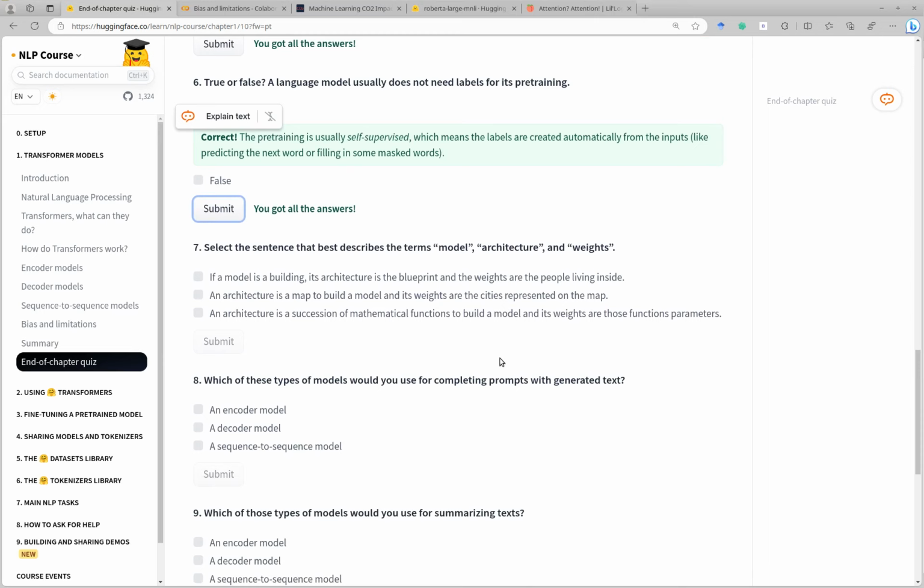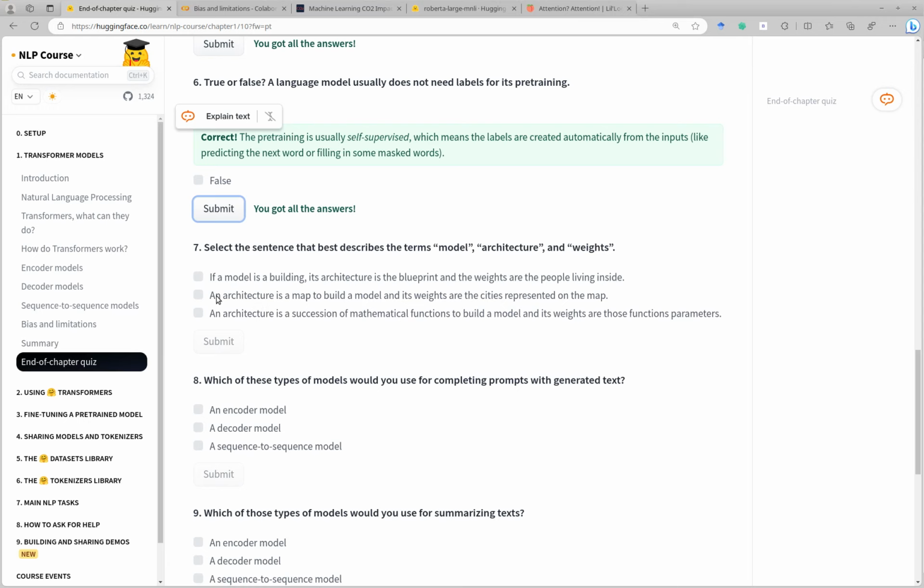Select the sentence that best describes the terms model, architecture, and weights. Let's go through them. If a model is a building, its architecture is the blueprint, and the weights are the people living inside it. This seems a little bit doubtful.